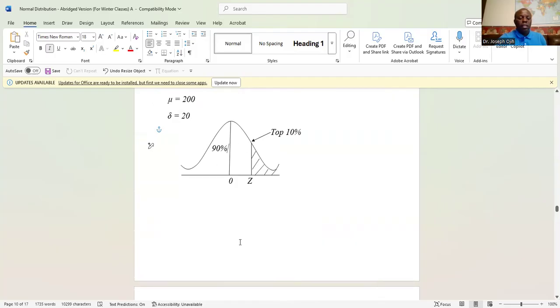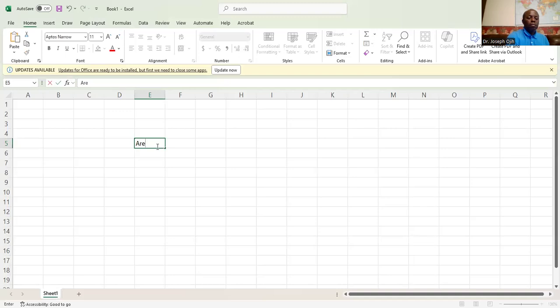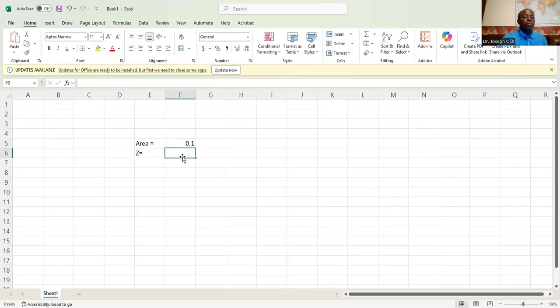So let's get it from Excel. The area given is 10%, which in decimal is 0.1. Make sure you're seeing the screen.